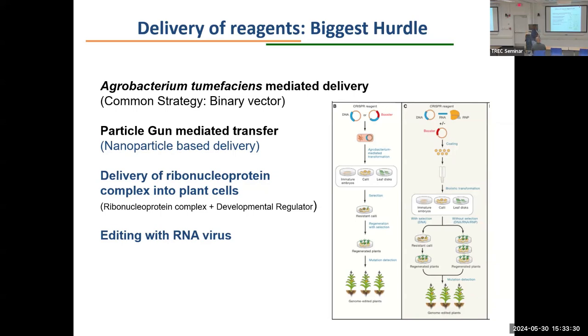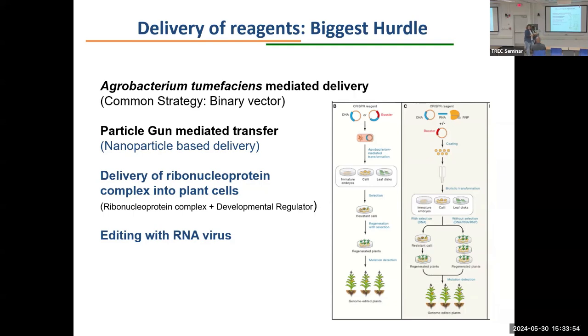For plants, the most commonly used methods are Agrobacterium and the particle gun method. But for most crop species, in tissue culture it is very difficult to regenerate and transform, and the transformation efficiency is also very low in a few crops.